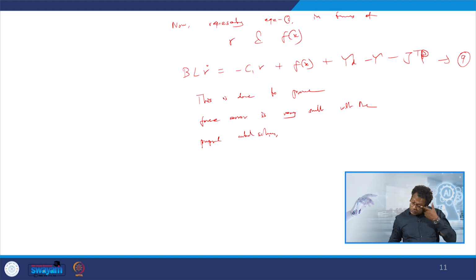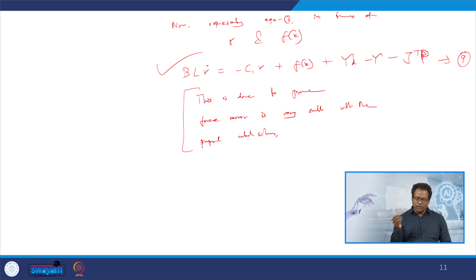Okay. So, it is necessary to also work with equation 1. Now, this representation to bring equation number 9 is made in order to make the force error much smaller by the proposed control scheme.